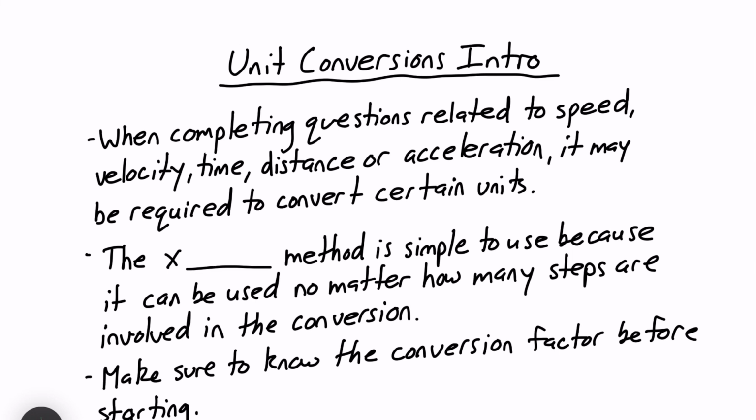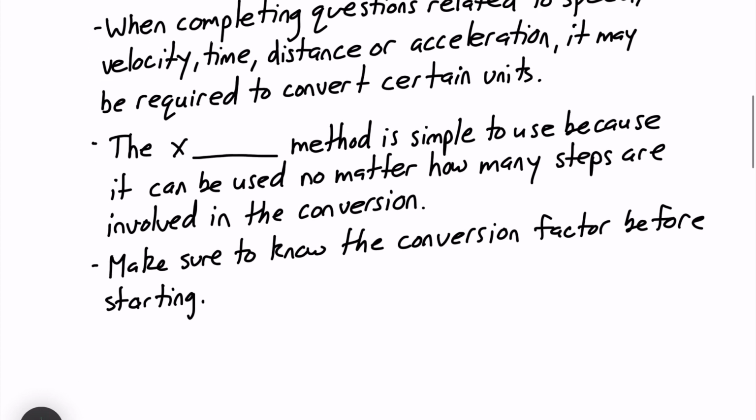So it says when completing questions related to speed, velocity, time, distance, or possibly acceleration, it may be required to convert certain units. So especially in that physics field, you will see a lot of conversions when you're working with different types of units.